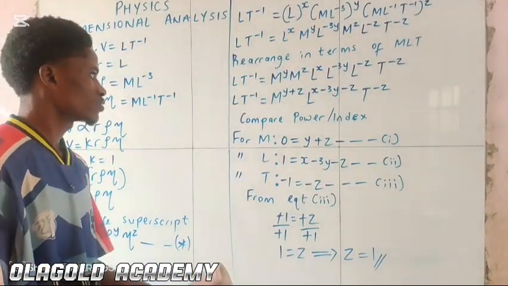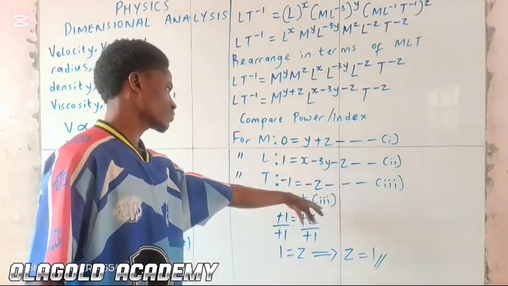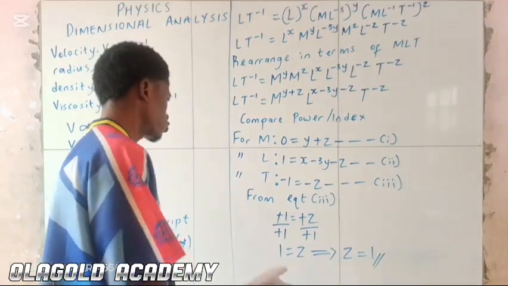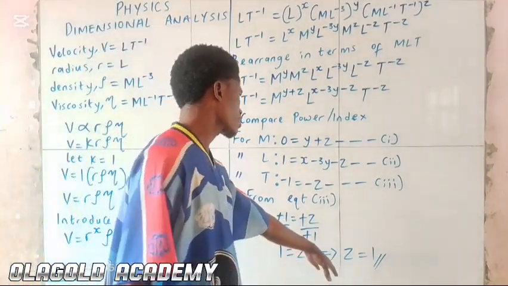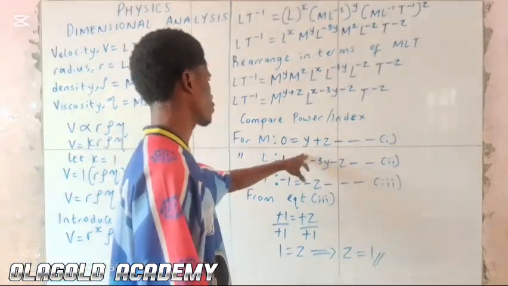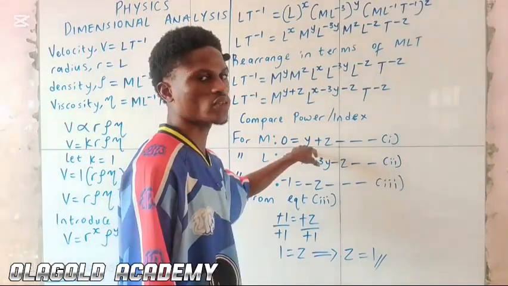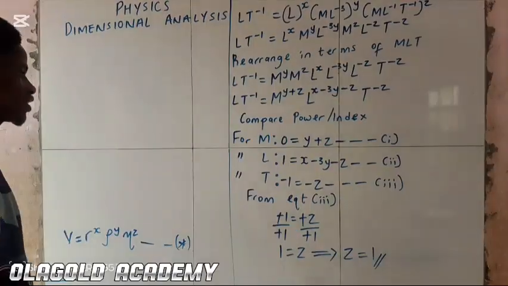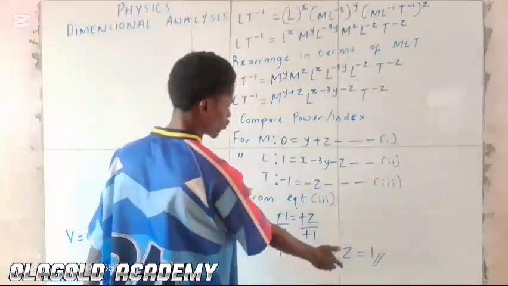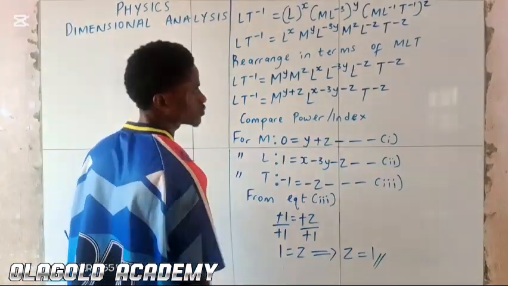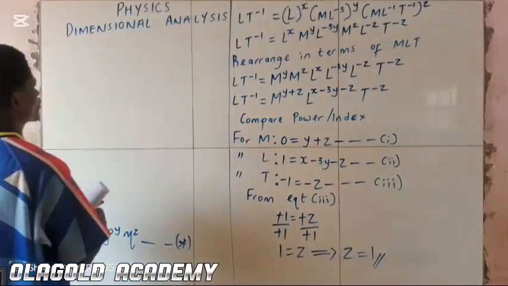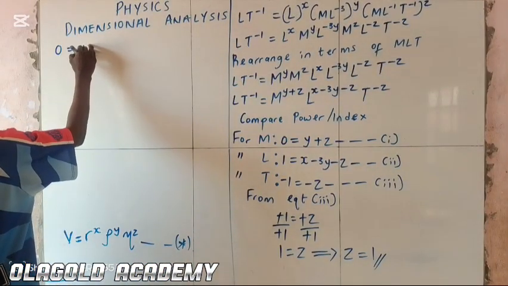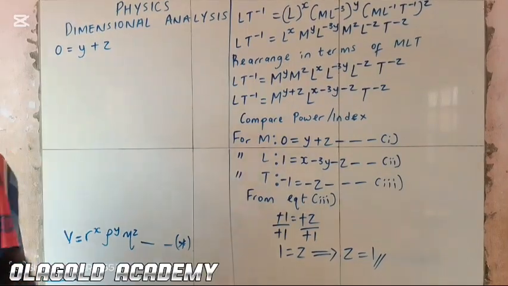Now we are still looking for y. I'm still looking for x. Alright. So our next task is to put our z into equation 1 to get y. So we have this. Alright. So our next task is to put this value of z here into equation 1. Equation 1, we're having 0 equal to y plus z here.